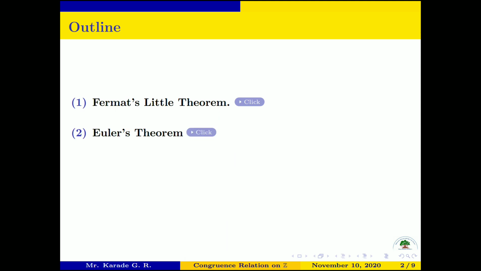Then we see Euler's theorem and examples on Euler's theorem. Then we see Wilson's theorem and examples on Wilson's theorem. These three theorems are very important in number theory and in the case of congruence relation.